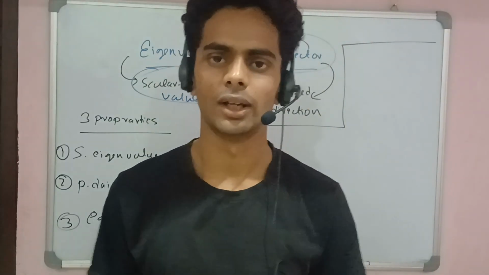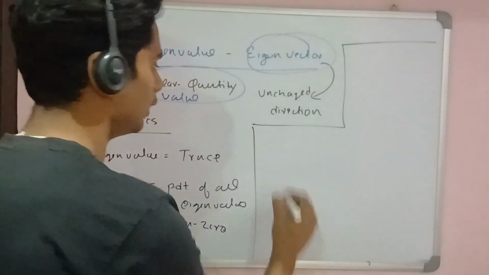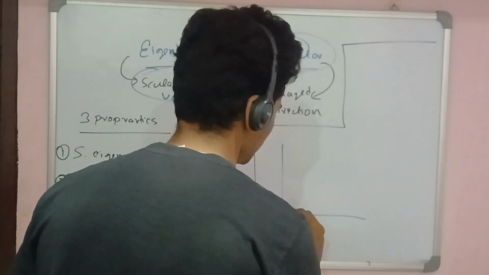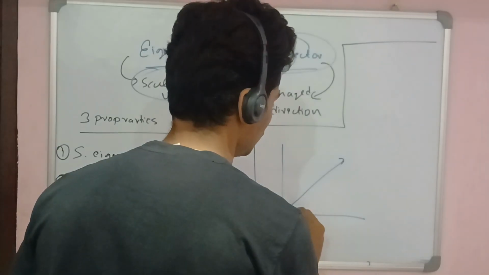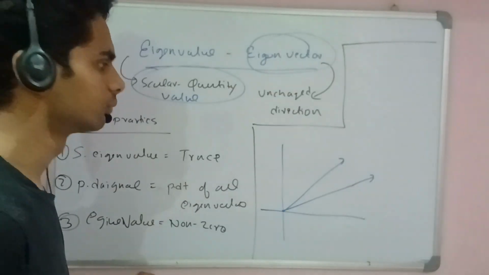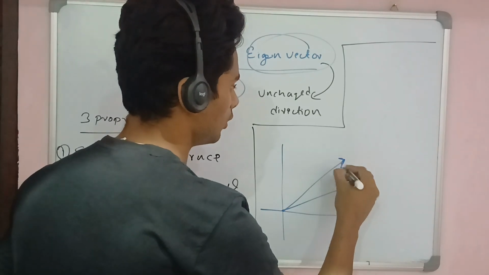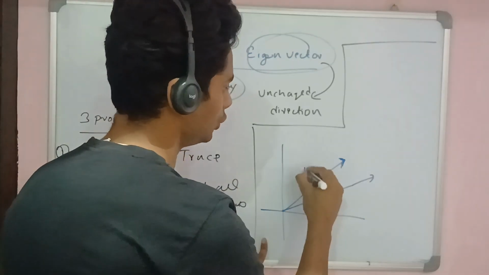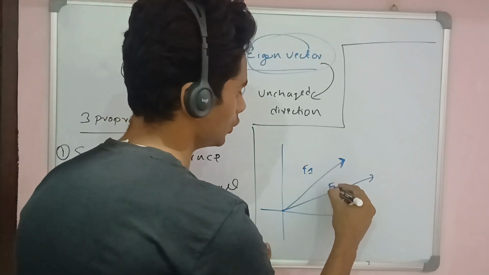Again, we take an example like population growth. Okay, so let me take two parameters which basically grow the population. This is feature 1 and this is feature 2.